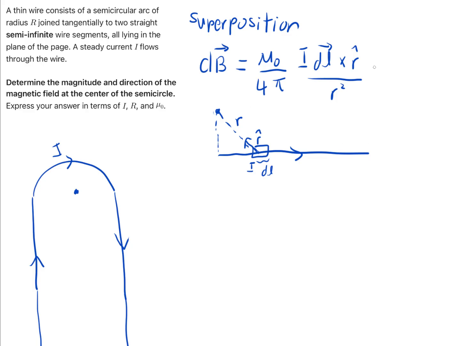So we can simplify this a little. If we recall that for two vectors, A and B, the cross product is simply equal to the magnitude of A times the magnitude of B times the sine of the angle between them. It doesn't matter if you pick the larger angle or the smaller angle.